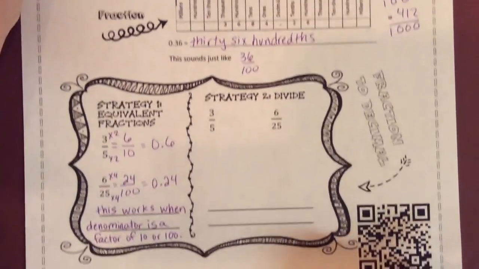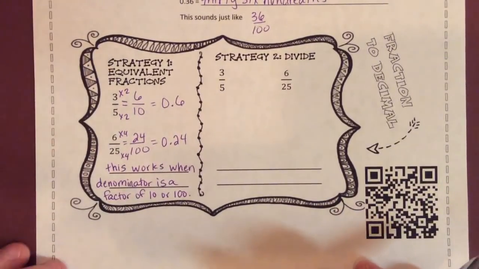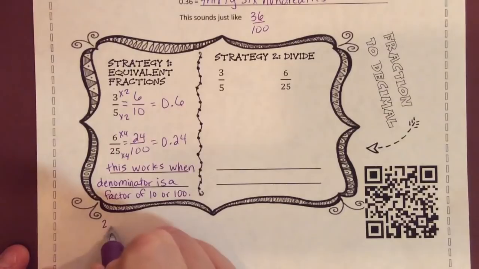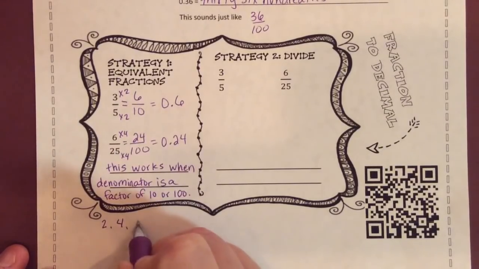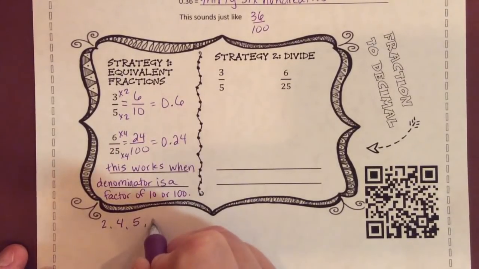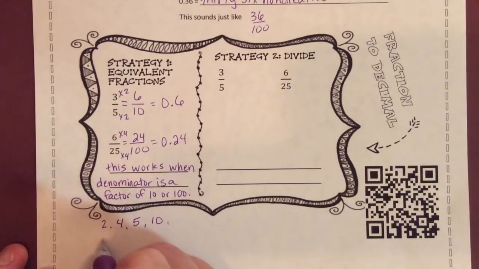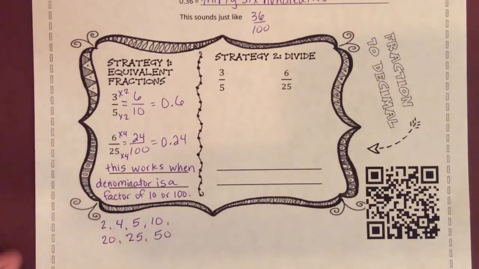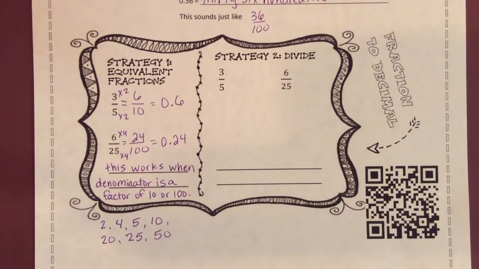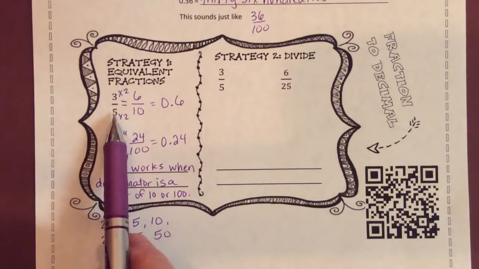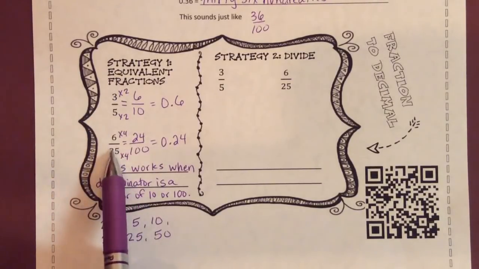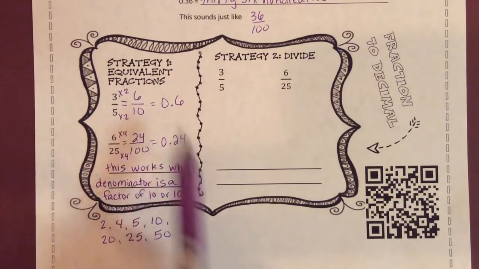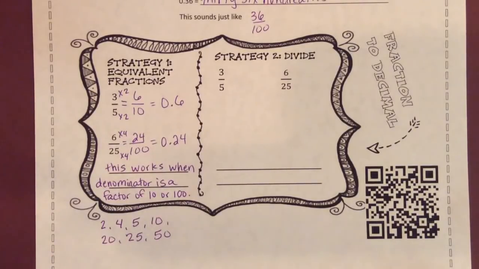Now the numbers that are factors of 10 or 100, I'm going to give you those examples here. 2, 4, 5, 10, 20, 25, and 50. I think I got them all. Okay, so if your denominator, like right here, this number is a 5, and this one's a 25. We know they work because it's one of those numbers, okay?